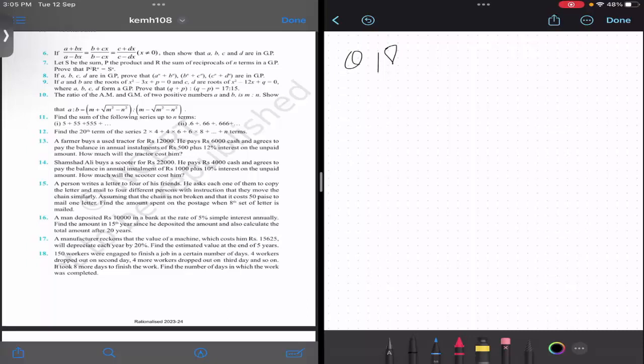So let's say that each of the 150 workers puts in 1 unit effort each day, right? So 150 workers would put in 150 units of effort each day, correct?